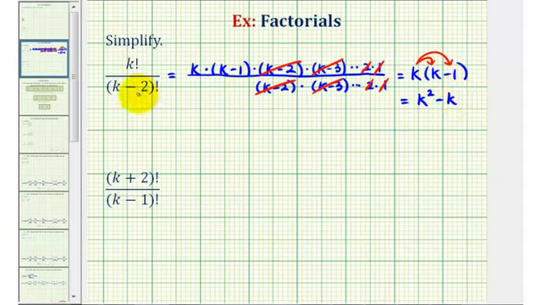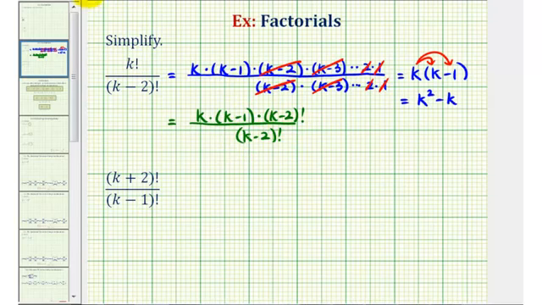Let's simplify this again using a slightly different method. As we begin to expand k factorial, notice how we have a denominator of k minus 2 factorial. We can write k factorial as k times a factor of k minus 1. But notice how now the remaining factors would be k minus 2 factorial, which matches our denominator.